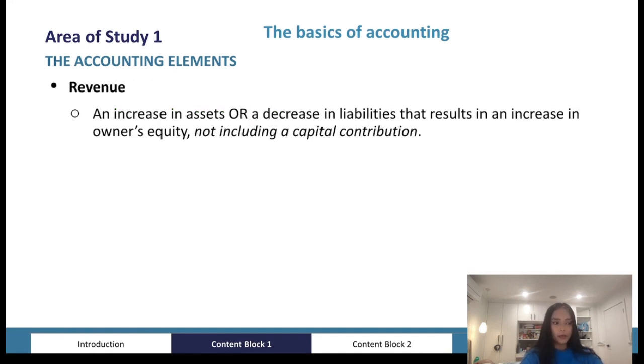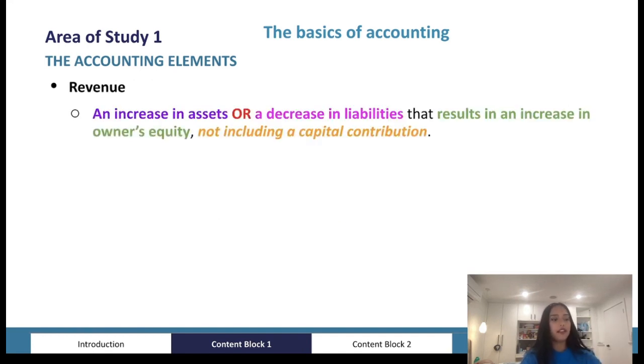The fourth element is revenue. A revenue is either an increase in assets or a decrease in liabilities that results in an increase in owner's equity, not including a capital contribution. First of all, a revenue cannot be an increase in assets and a decrease in liability. It'll either only be an increase in assets or a decrease in liability.